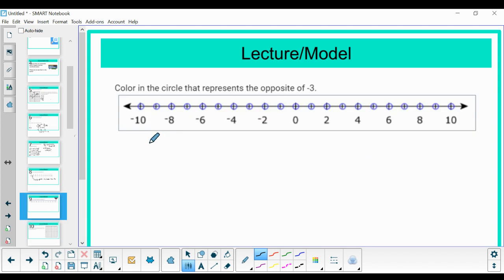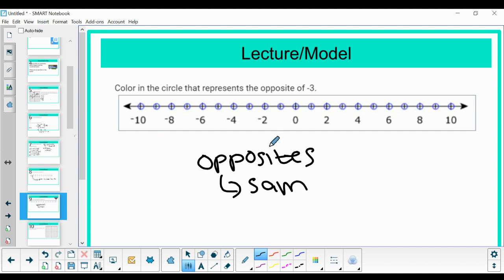Ooh, select color in the circle that represents the opposite of negative 3. If we remember, opposites, same distance from 0, on opposite sides.